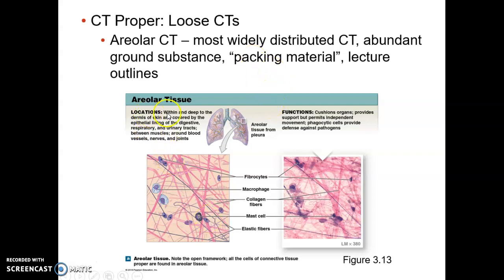So locations here, within and deep to the dermis of the skin. We'll talk about this when we talk about the integumentary system, the skin, in the next chapter. But notice it's found in many places throughout the body. And the functions: cushions, surrounds organs, provides support, has phagocytic cells for defense against pathogens, but very abundant.